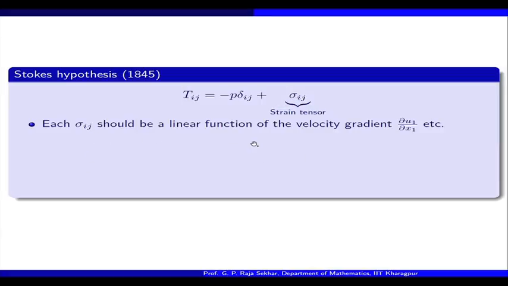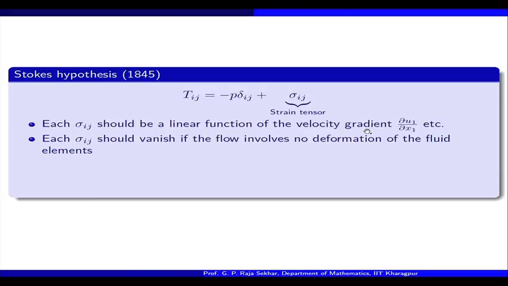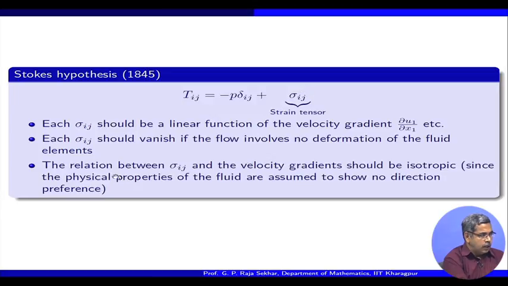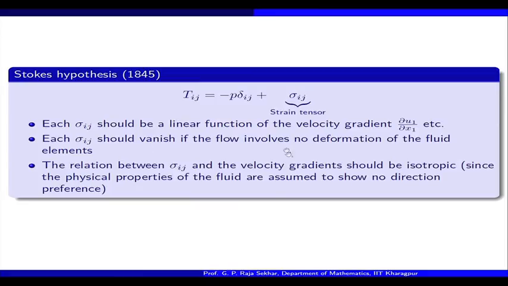Each sigma i j should be a linear function of the velocity gradient, that is, a linear function of the shearing, and each sigma i j should vanish if the flow involves no deformation. If there is no deformation, then this is 0, and the relation between sigma i j and velocity gradient should be isotropic. That means we are not attaching any directional dependency. So, this is the initial hypothesis by Stokes.